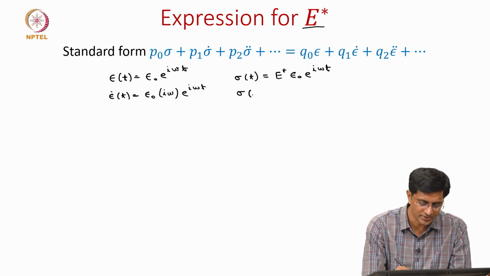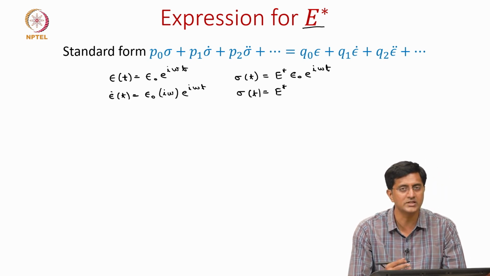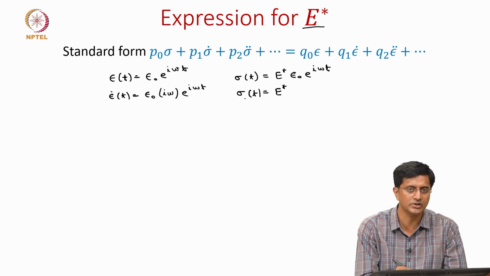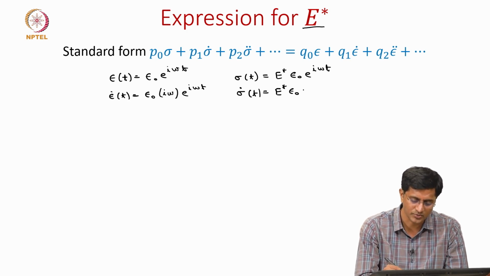Similarly, for the stress, E star is not a function of time. Later we will see that E star is only a function of the frequency omega, but since the derivative is with respect to time, time is only in the exponential. So, it is again i omega times e power i omega t.